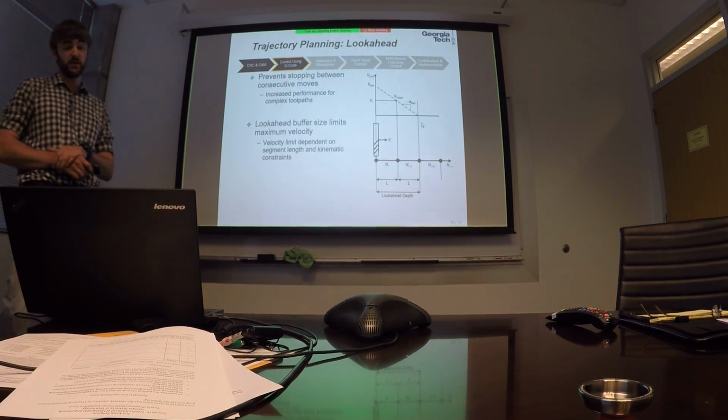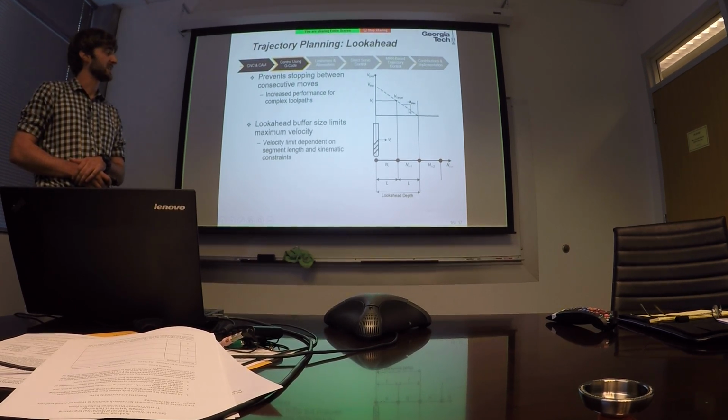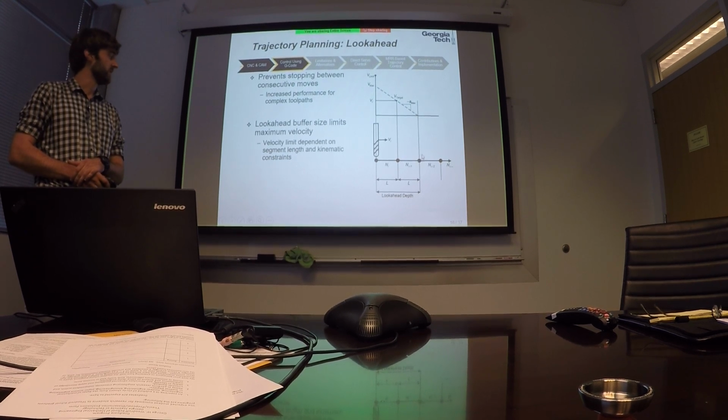The trajectory planner look-ahead only has a finite size. So it will determine how fast it's able to go by considering the maximum rate of deceleration of the machine, and then it constructs this curve here that shows the maximum velocity it can travel along the move in order to reach this point without overshooting.